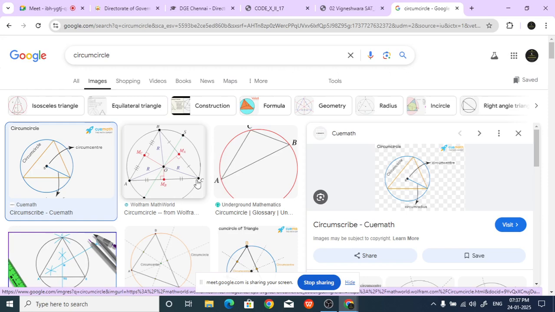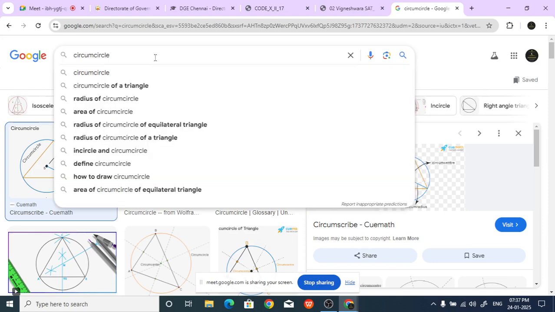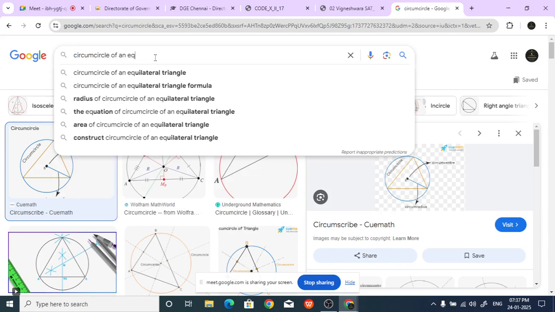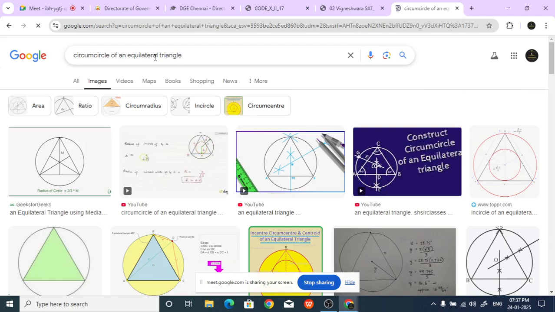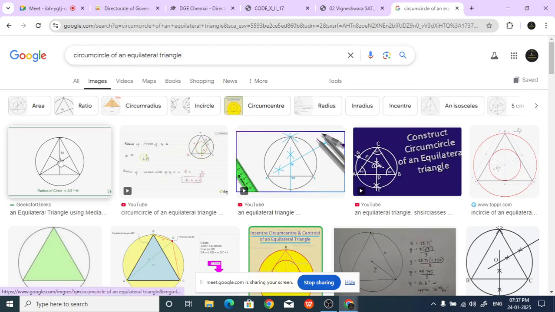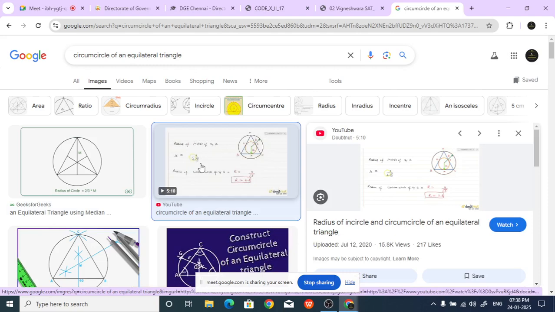If this triangle is an equilateral triangle, the circumcircle of an equilateral triangle, this one, yes, this one. See, they are asking radius of incircle?